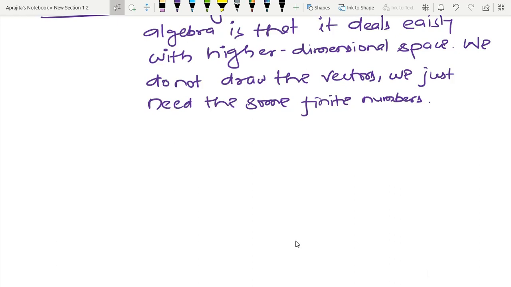Suppose you are doing analysis of a first order system, so you are able to extend the first order system into second order, similarly third order, or even fifth or nth order, without knowing how to draw the vectors. That is one of the important contributions of linear algebra for our purpose.